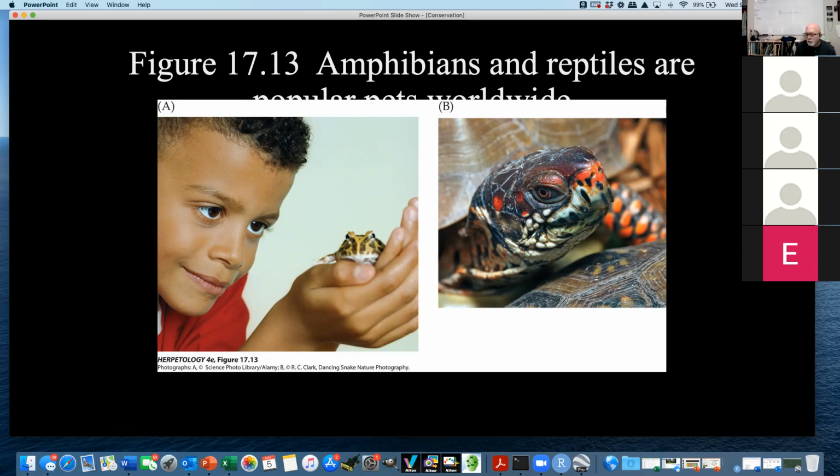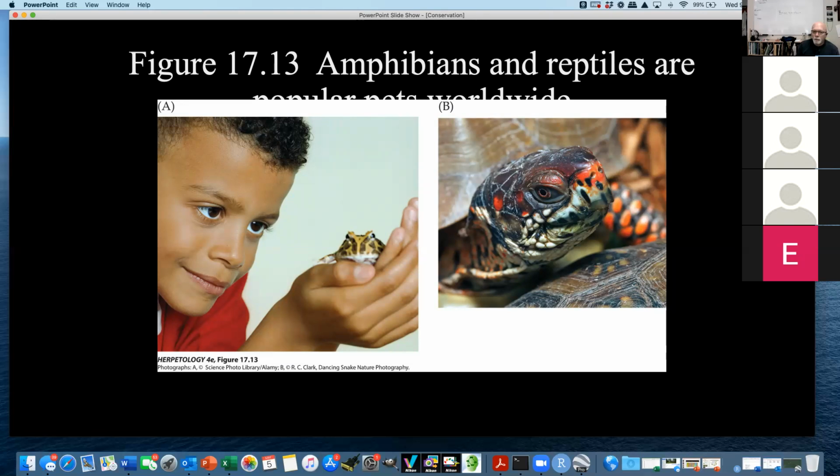It would be nice to think that all of those animals in the pet store are the result of captive breeding programs, but I am not that optimistic about that. In many cases, you can tell that they are because they are color morphs and things like this that don't occur out in nature. But for example, red ear sliders, my guess is most of the red ear sliders that you find in pet stores have actually been collected from the wild.